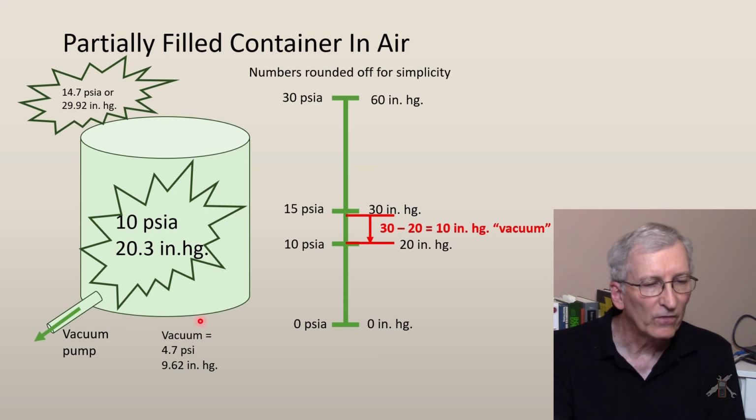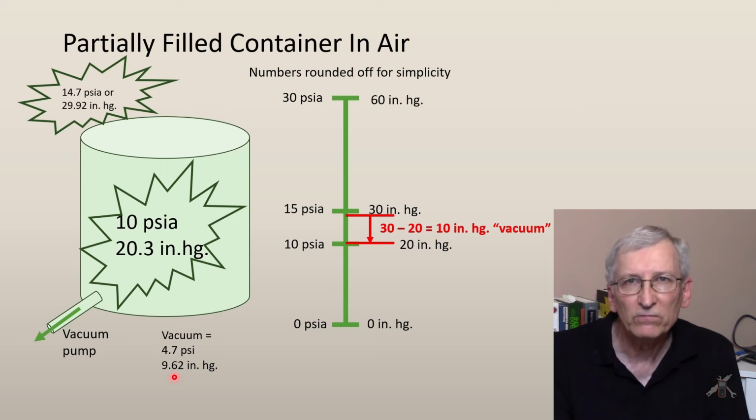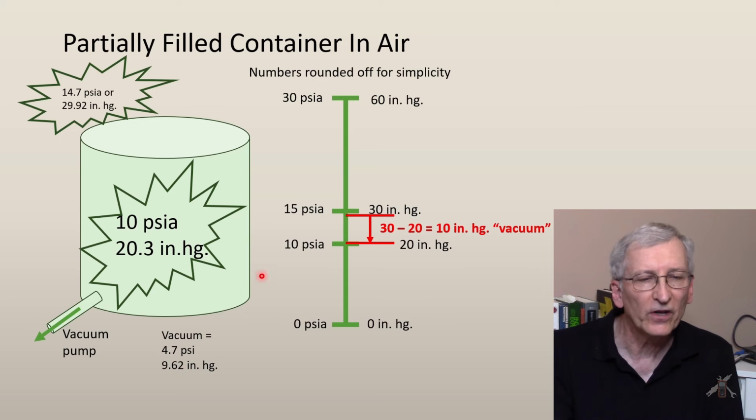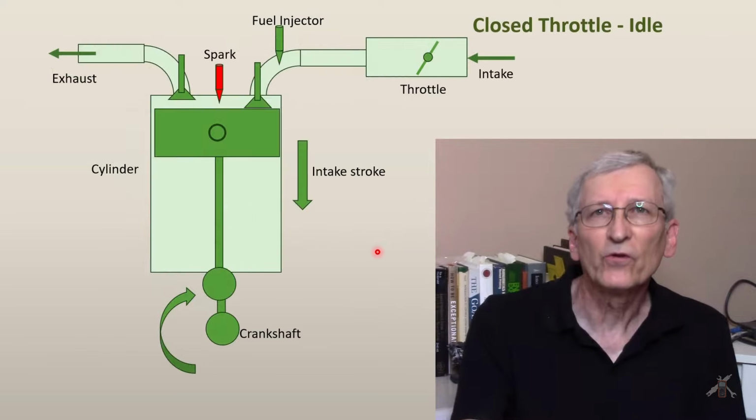I'll have pulled out, here's my little chart down here, 4.7 psi worth of air, or 9.62, roughly 10 inches of mercury has come out, and so I have an absolute pressure of 10 psi, or an absolute pressure of 20 inches of mercury still in the can, partially filled. That makes sense?